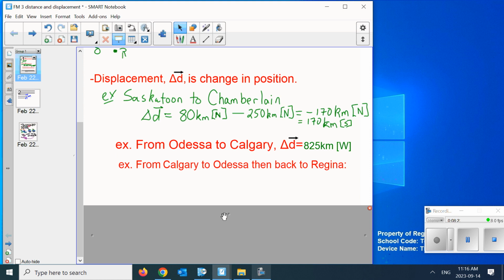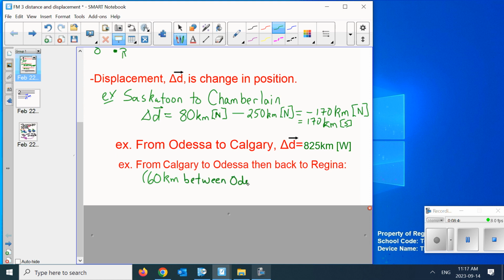So I know that it's 60 kilometers between Odessa and Regina. And I purposely have given that as a scalar. And you remember I'm using the word scalar on purpose.